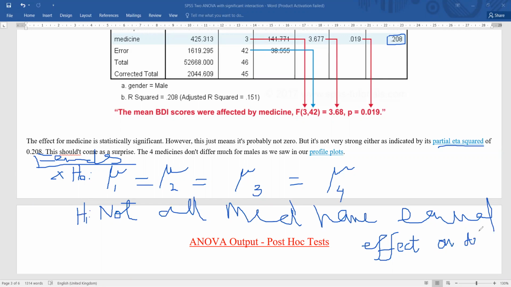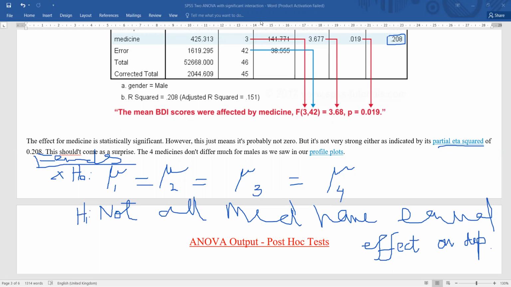It means some medicines have a higher effect on controlling the depression, and some have an insignificant effect on controlling the depression. That can be analyzed by the post hoc procedure.